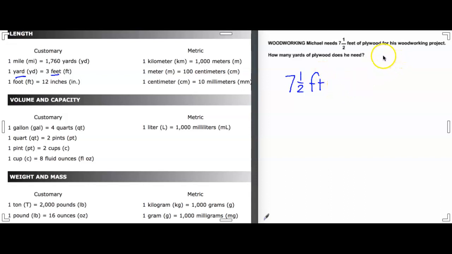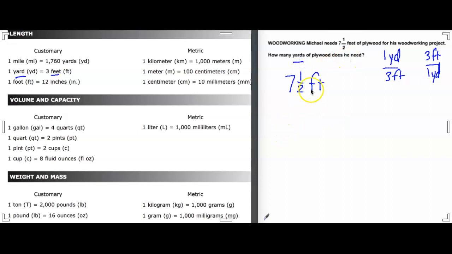So the unit rate will either be 1 yard for every 3 feet, or we will have 3 feet for every 1 yard. And we could use either one of these in different situations, but we want to be able to cross out the feet and end up with yards because it's asking us for the answer to be in yards.